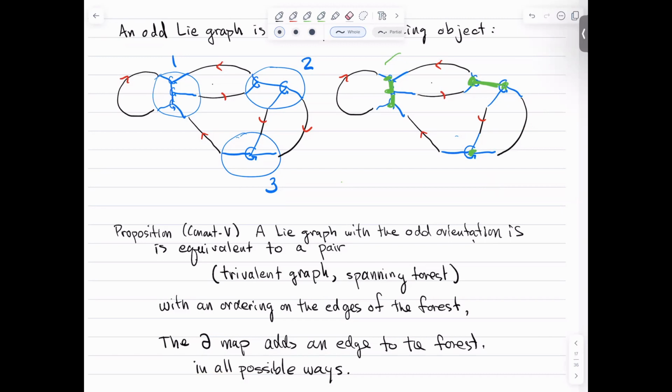And forget the orientations on the edges. It's looking simpler and simpler and simpler. But I do have to have some orientation data, and the only orientation I need is an ordering on the edges in the forest. Okay? So all of that data over there is equivalent to that picture.